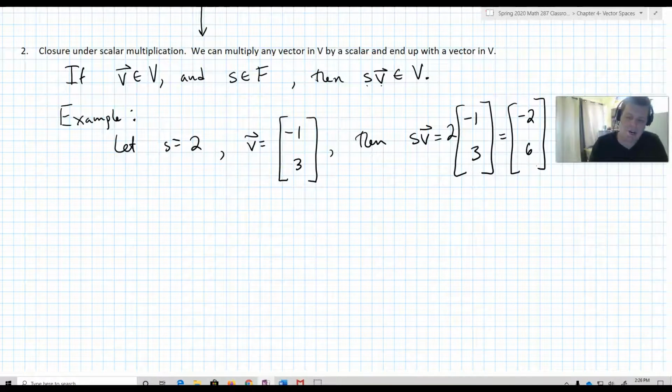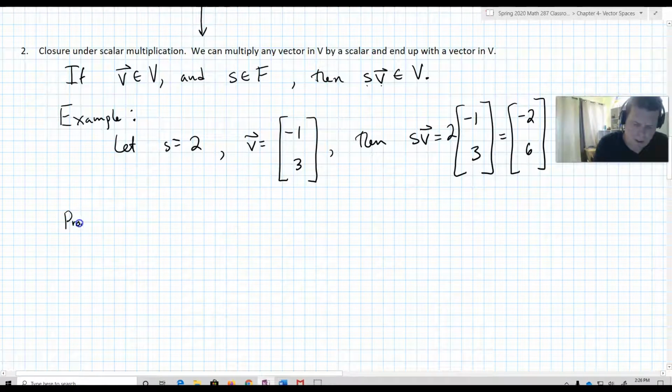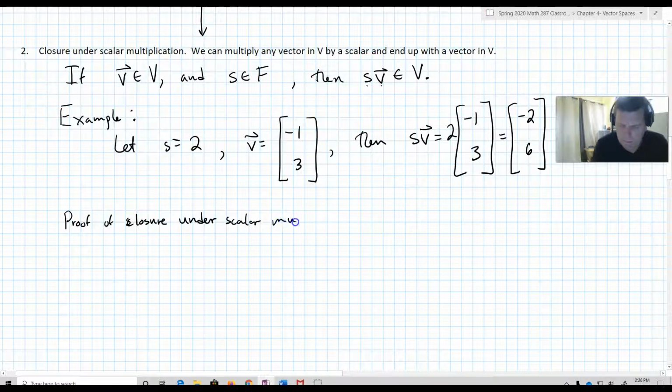Now, if I want to be generalized, if I want a proof of closure under scalar multiplication for R2, I'll do something similar, right?